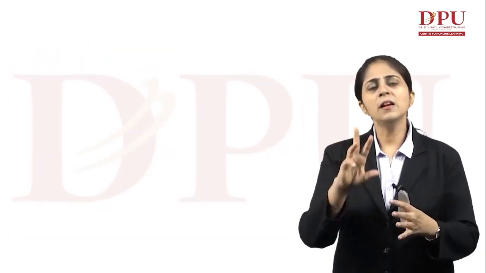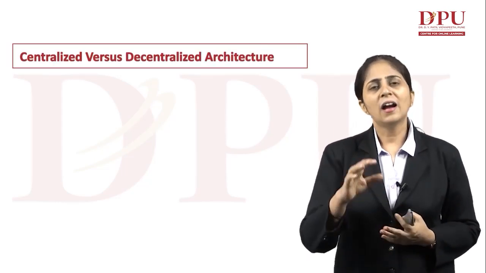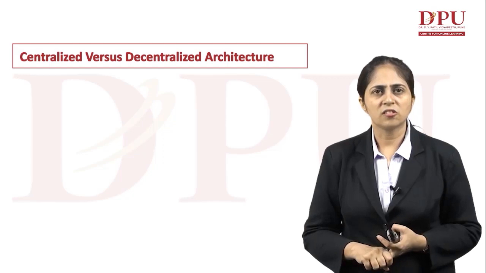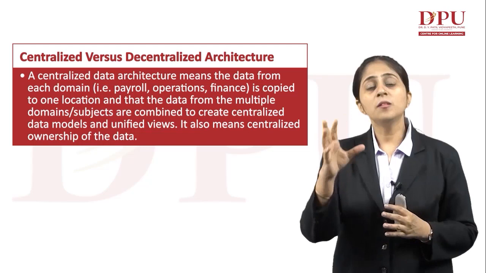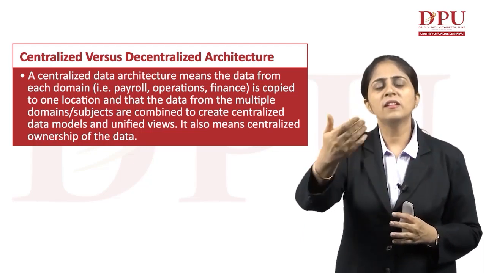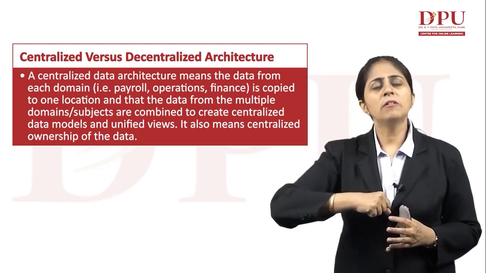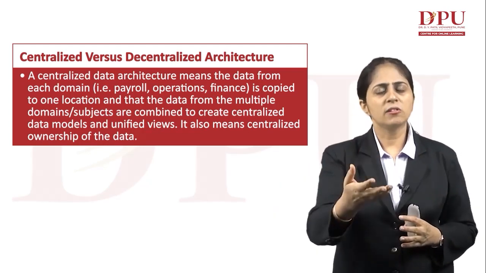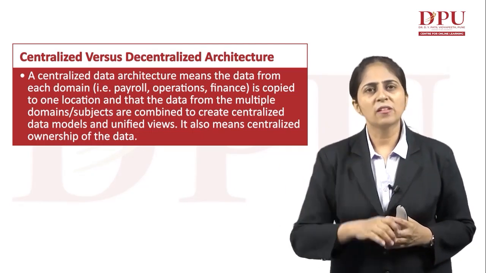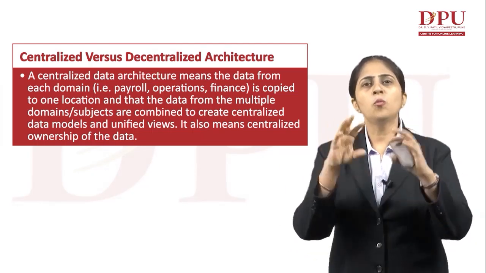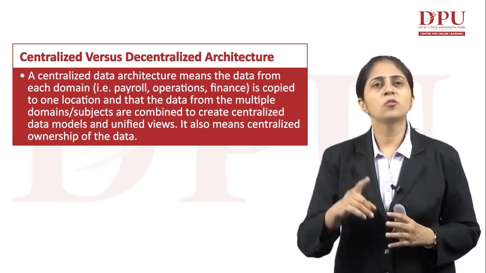Now, we basically have two types of architecture here. One is a centralized architecture, another is a decentralized architecture. If we are talking about the centralized data architecture, it means the data from the various domains or subjects, from wherever we are receiving the data, like the payroll department, the operation department, the finance department, is copied to one location, that is the data lake, using one storage account.